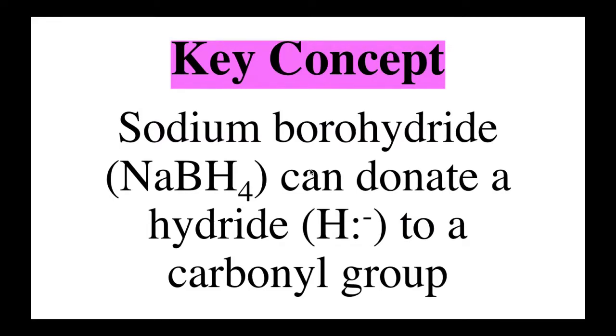I believe we saw sodium borohydride in chapter 10, on the structure of alcohols. Sodium borohydride, we remember, is a hydride reagent. It can donate hydride, not a hydrogen atom, not a proton, but hydride, hydrogen with both of its electrons, to a carbonyl group.